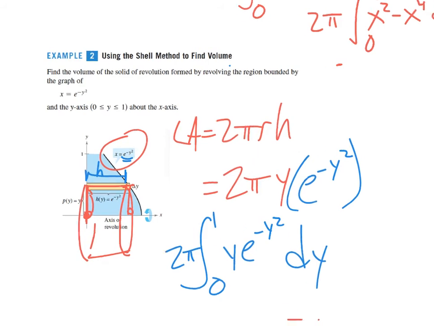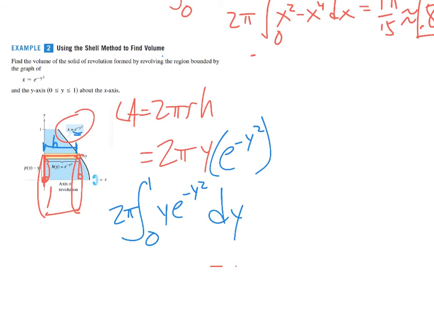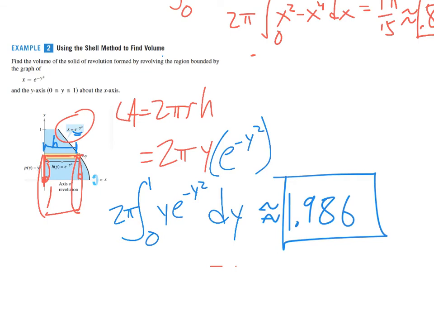Again, notice that this reference line is parallel to the axis of revolution. Using the calculator, we get approximately 1.986. Remember to round to 3 decimal places.